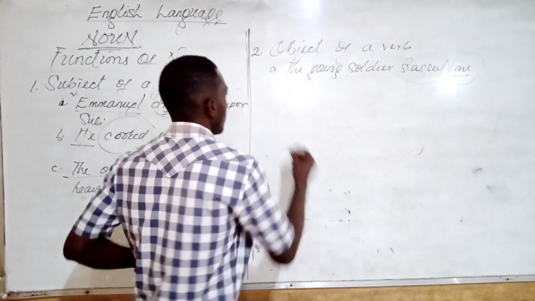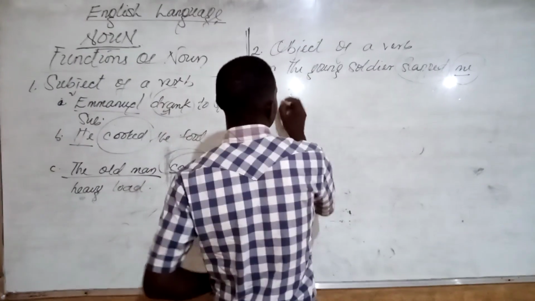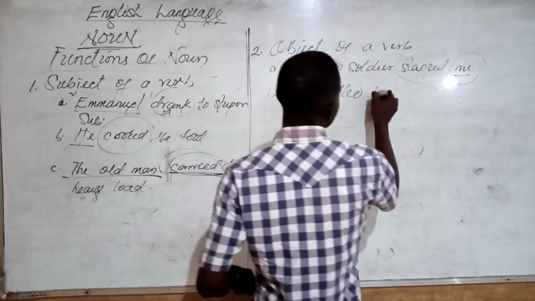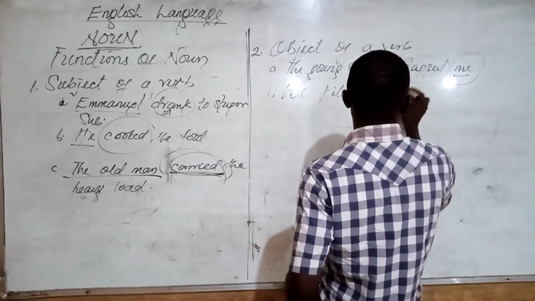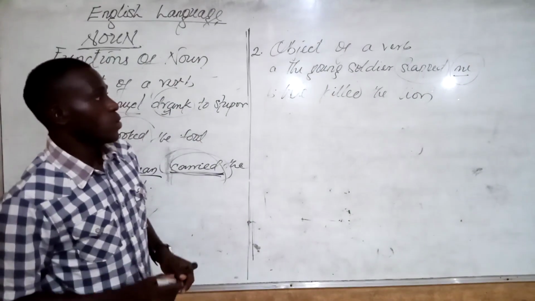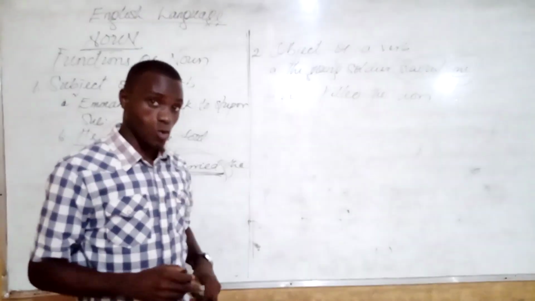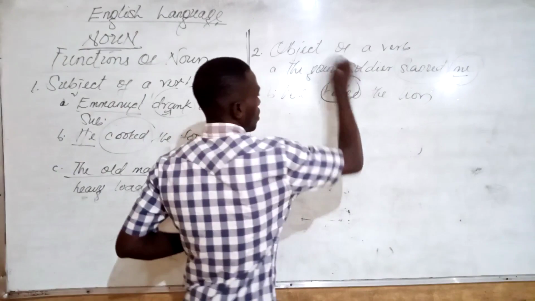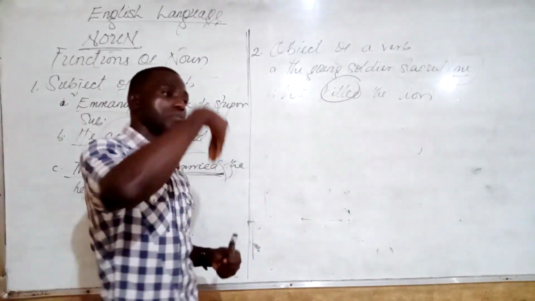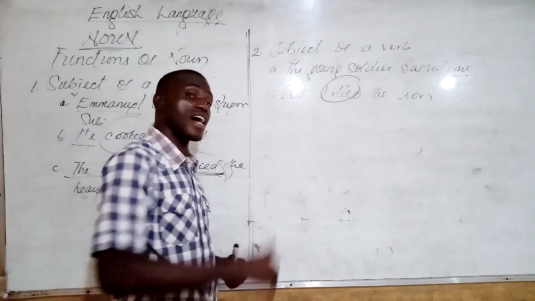Alright? Now, another example is this: we killed the lion. Now look at this statement. What we have to find is the verb first. So we've identified the verb. Now what is going to be the object? The object will be the structure that is after the verb.